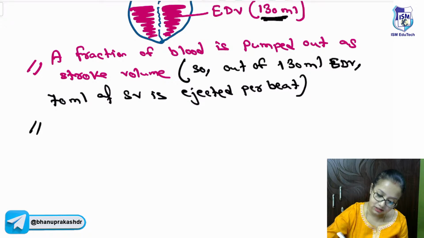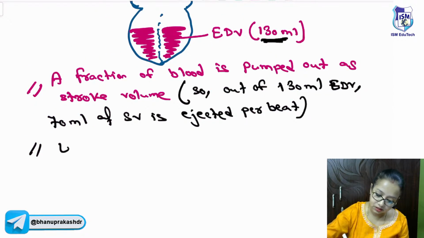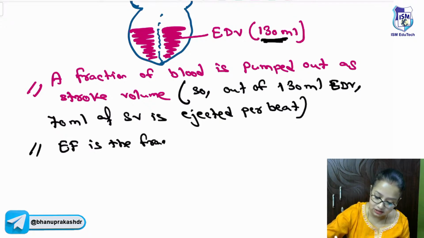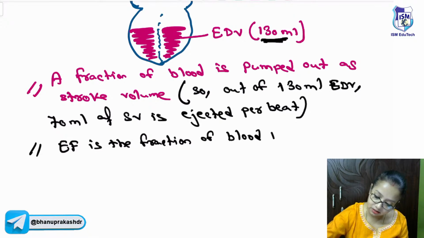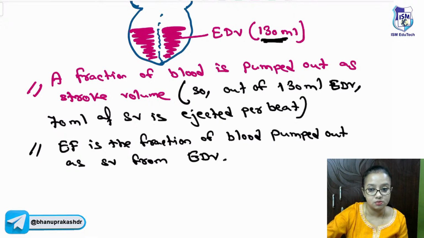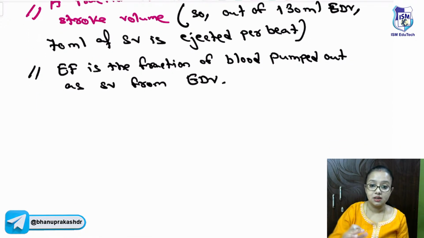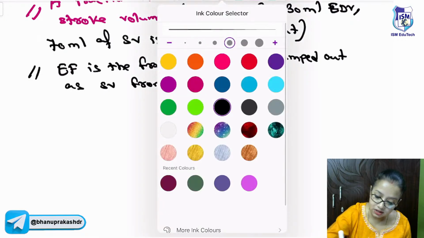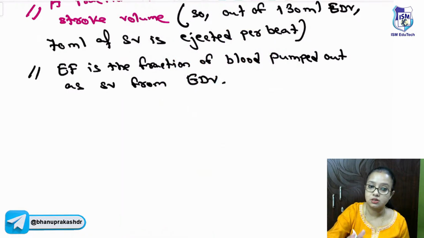So ejection fraction, what is it? Ejection fraction is the fraction of blood pumped out as stroke volume from the end diastolic volume. Since it is a fraction, we understand it and clinically correlate it in terms of percentage.